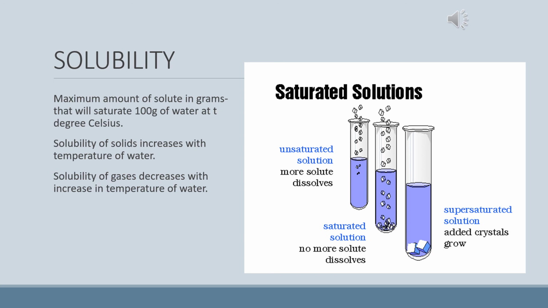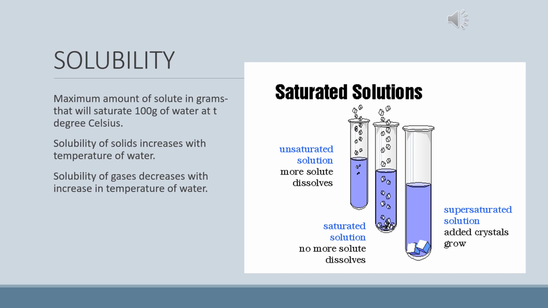There will be crystals of salt growing at the bottom of the solution. But the supersaturated solution is not in your syllabus. You just need to know about two types of solution: unsaturated and saturated. An unsaturated solution has the capacity to dissolve more solute, and a saturated solution can no more dissolve any solute.